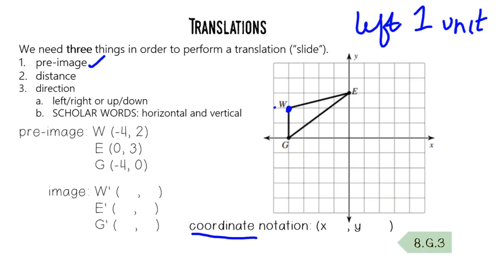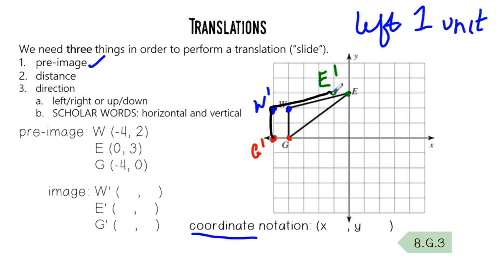W moving 1 unit to the left will land it right here, and I will call that W prime. G moving 1 unit to the left will land here, G prime. And E moving 1 unit to the left for E prime. I'm going to draw my new triangle in.